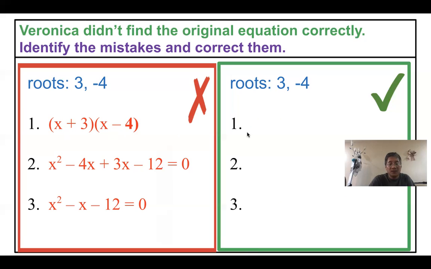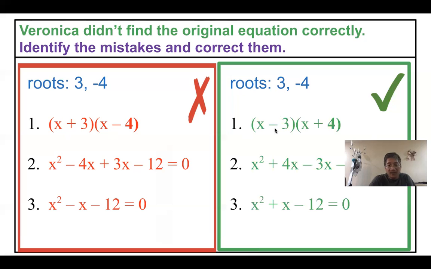So your answer must be x minus 3, x plus 4, right? And then we want to change it into the standard form. Actually, this is also the function, but we want to change it into the standard form. Then what do you do? Yes, FOIL.